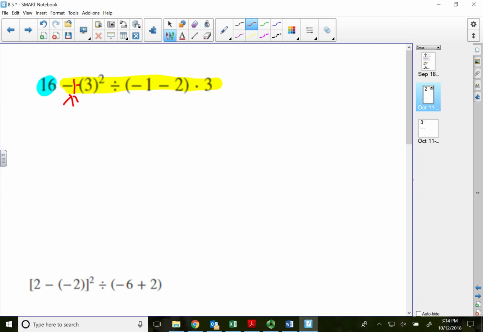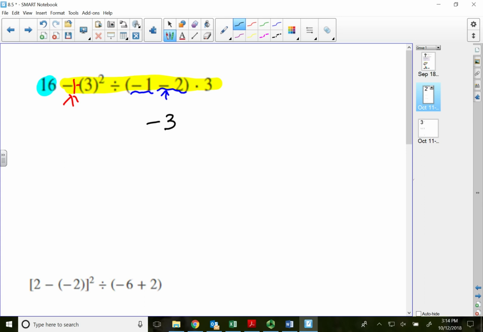then times 3. Inside this big term, we do what's inside the parentheses first. Inside the parentheses, there is a subtraction sign which is separate between the two terms. So negative 1 minus 2, terms with the same sign we add, which will give me negative 3.